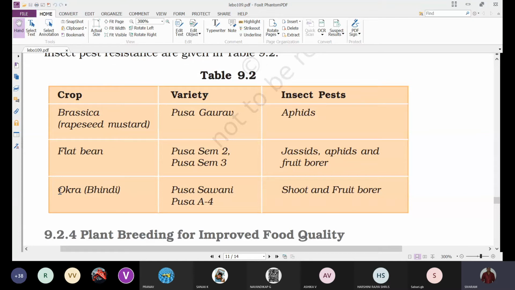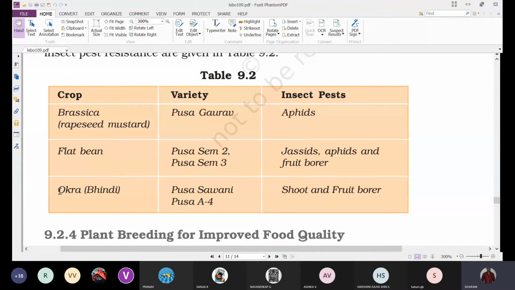The fruit borer makes holes in the fruit, that is the pod in case of bean. It makes holes in that pod in the early days and lives inside, damaging the seeds that are present inside, as a result reducing the yield. Against these three insects, they developed resistance in these two varieties, Pusa Sem2 and Pusa Sem3 of flat bean.